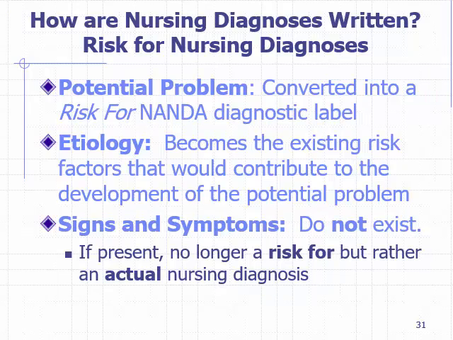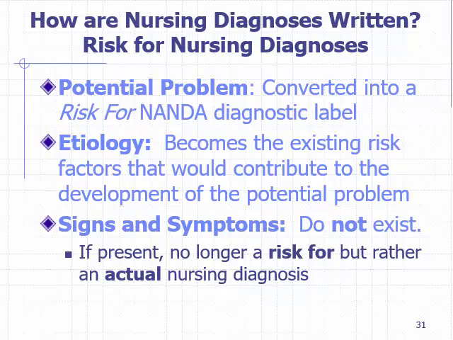So nursing diagnoses not only cover actual problems, but problems that the patient is at risk for developing. So these are problems which the patient could develop if interventions are not implemented to prevent their development. So these diagnoses are labeled risk for nursing diagnoses.